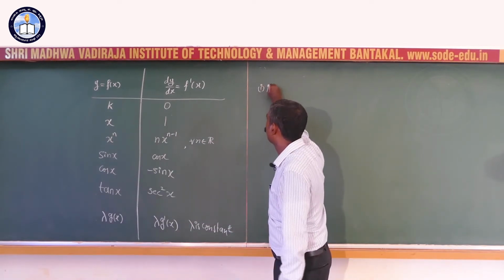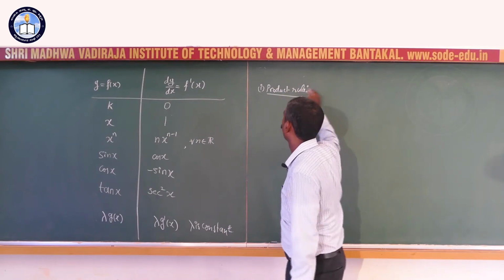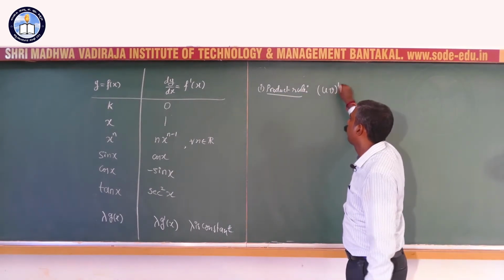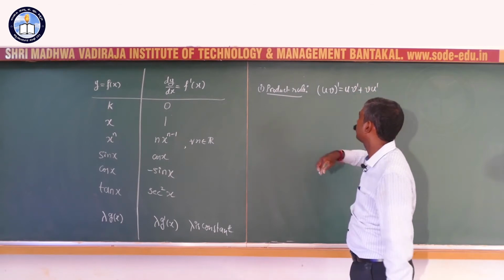First one, the product rule: uv whole dash is equal to uv dash plus vu dash.